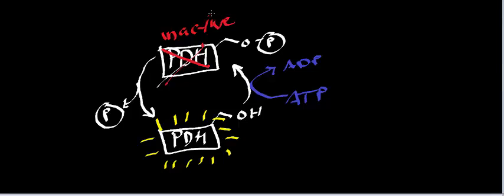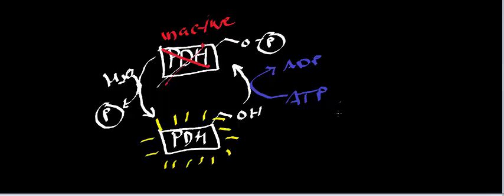However, when there's not a lot of ATP around, this sort of favors the activity of the phosphatase. And the phosphatase, of course, uses water. They're hydrolytic enzymes, and they use water to cleave off the phosphate. And of course, that leaves behind just the hydroxyl version of pyruvate dehydrogenase, and that is the active version of pyruvate dehydrogenase. And I want to be perfectly specific.